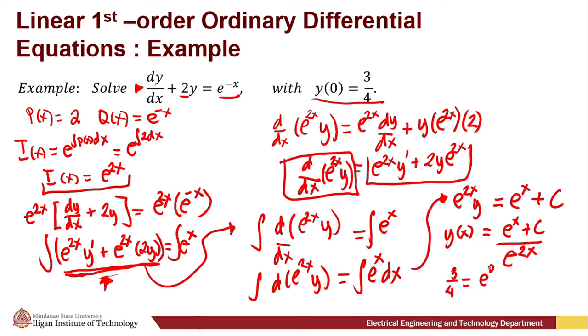So, e raised to 0 plus c over e raised to 0. The value of our c becomes negative 1 over 4.